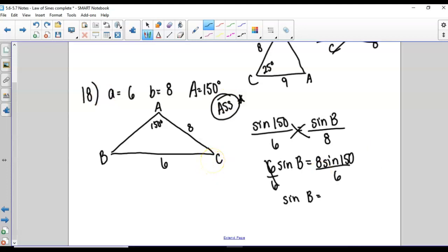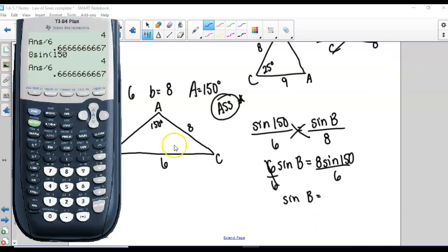Because the answer to this is supposed to be that it doesn't work, but this is going to work. 8 times sine 150.